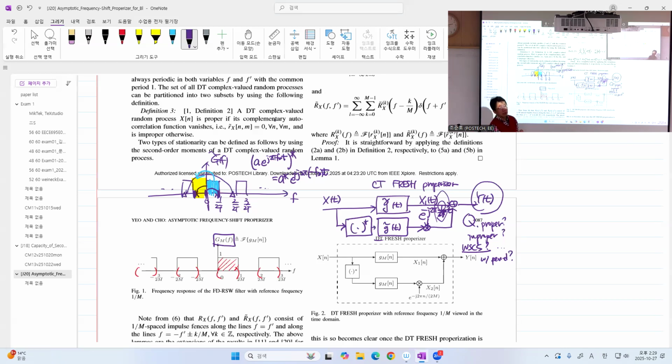In that case, your properizer would have a more complex structure. So just conjugating and then shifting a little bit up or down, not too much, would be the simplest method of properizing the improper complex cyclostationary random process by doubling its cycle period. Okay, so this is the basic idea.